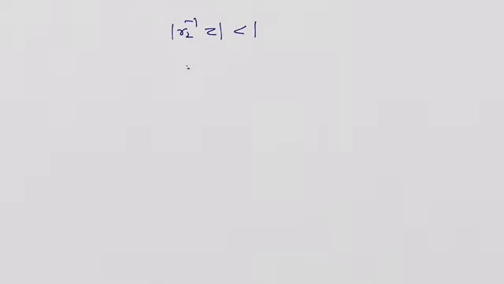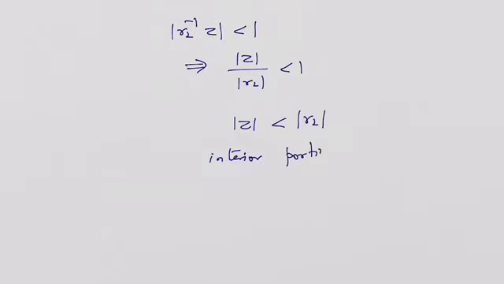From this condition, you will understand one thing: modulus of z divided by modulus of r2 should be a value less than 1, or modulus of z less than modulus of r2, which denotes the interior region of a circle with radius r2.